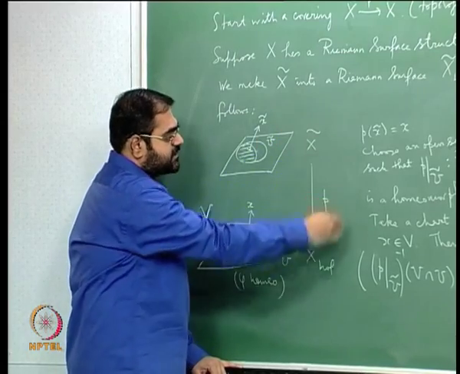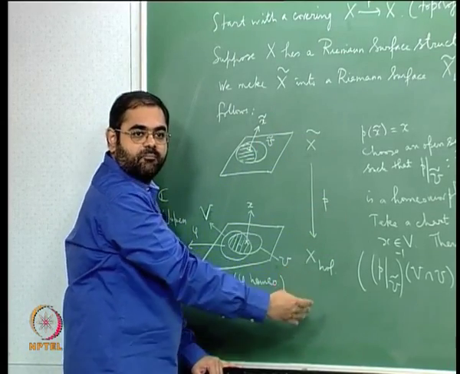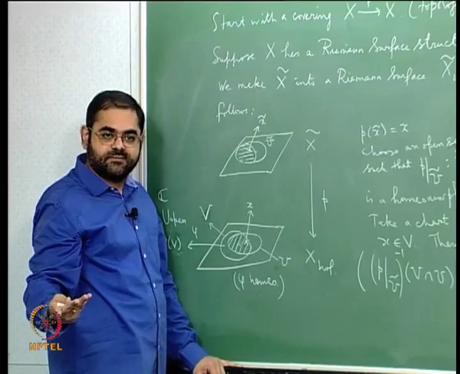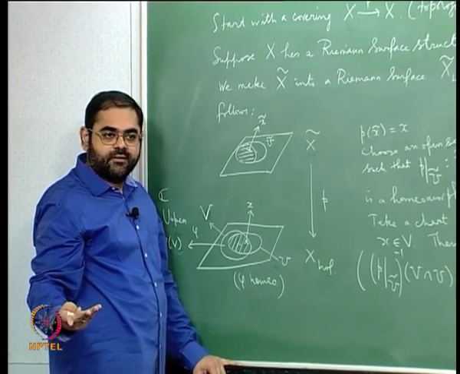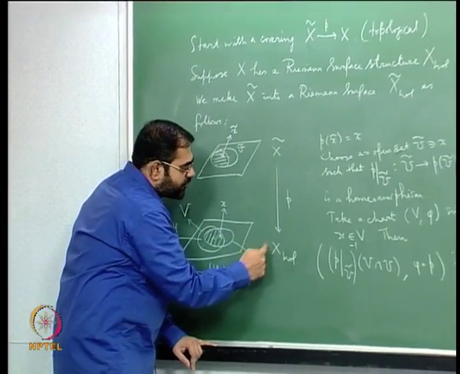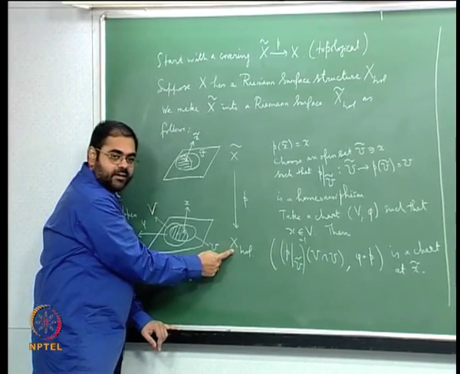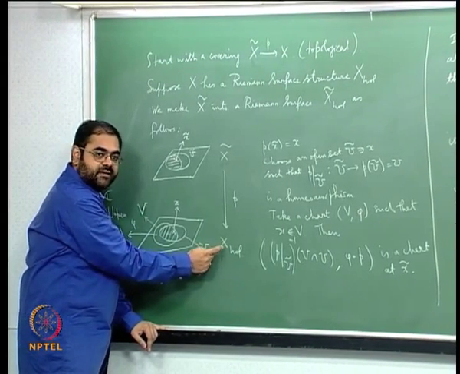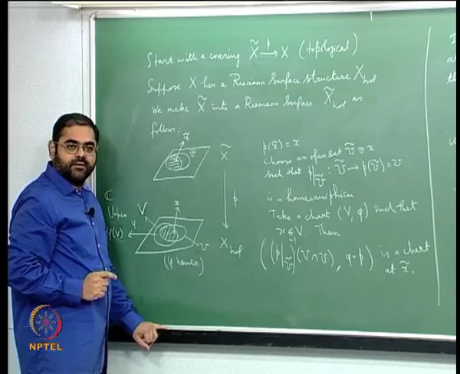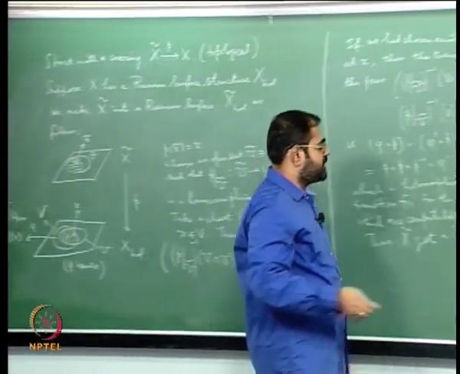So this whole covering will become completely a covering in the holomorphic sense, okay. So just because the base space here is a Riemann surface, okay. So that is what I want to stress upon.